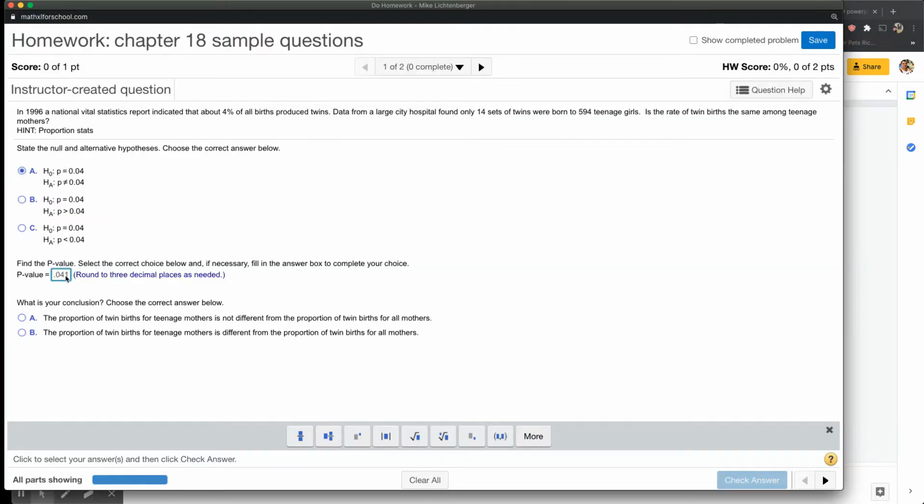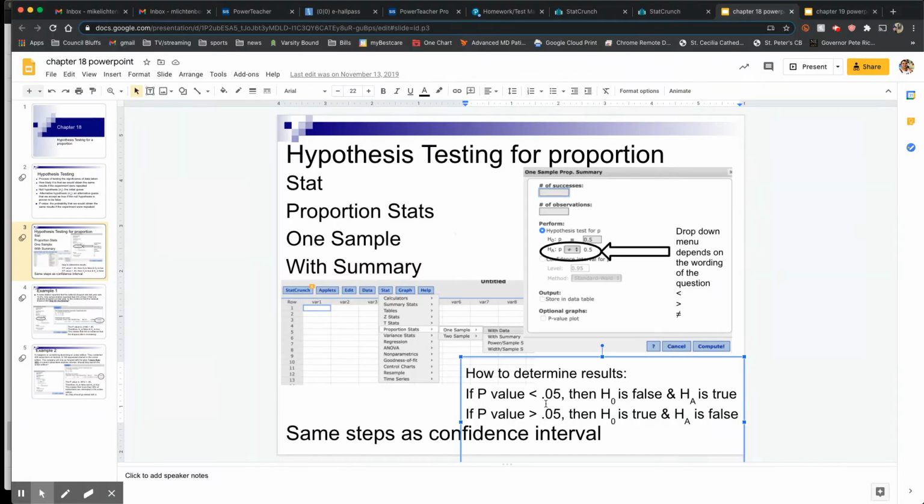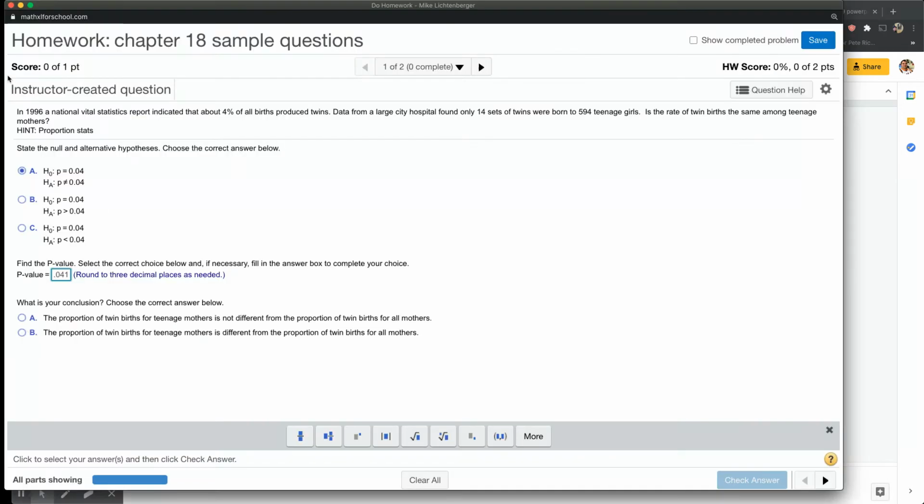Okay, is our p-value greater than or less than 5%? Now our p-value was 0.041, which is a little bit more than 4%. So that is obviously less than 5%. So our p-value here is less than 5%, which means our initial guess is false, and thus our alternative hypothesis is true.